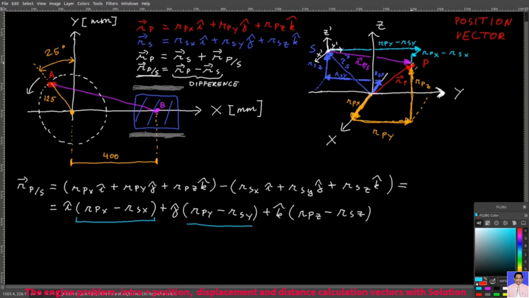And then this component that goes vertically down, that's in the z apostrophe direction, and its magnitude is this one, r pz minus r sz. So this x component has a positive x apostrophe direction. This y component has a positive y apostrophe direction. And then this z component that you have here, that's in the negative z apostrophe direction.